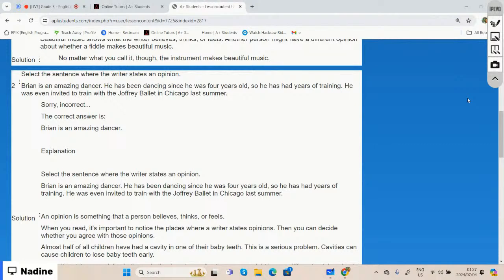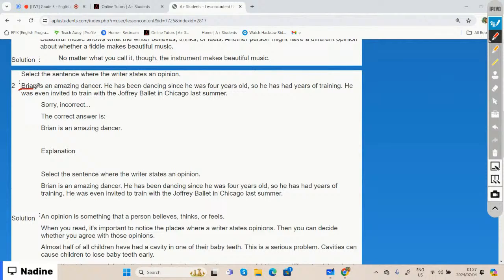All right. So if we were to select the opinion within that text, I'm going to underline it. Then the opinion of the writer is that Brian is an amazing dancer. Because remember, we said an opinion is something that you believe, something that you think, or something that you feel.